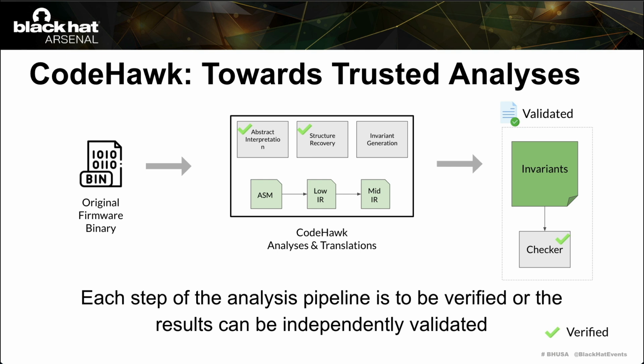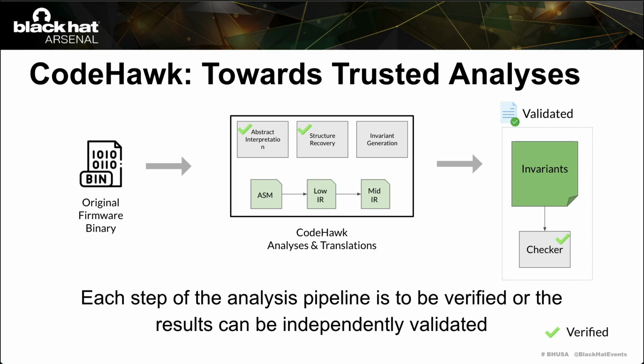We have papers that talk about our underlying analyses. And if you want more information, you can always reach out to us. The foundation we built our results on is required to be trusted, so verified or validated, when we're working in high assurance environments like medical devices or industrial control systems.